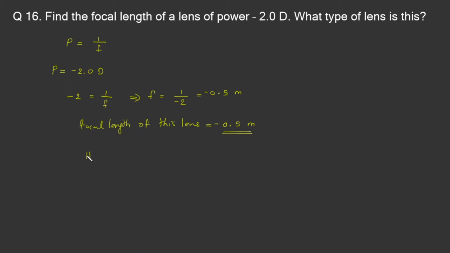So here P is negative or F is negative, therefore the lens is concave, or we can say it is a diverging lens.